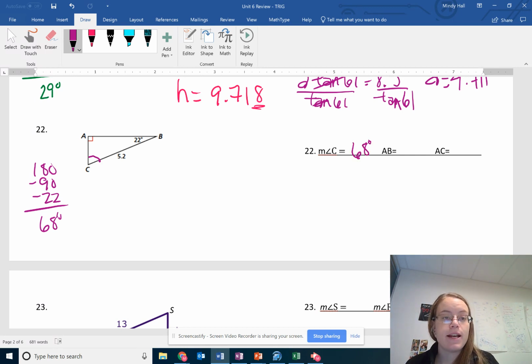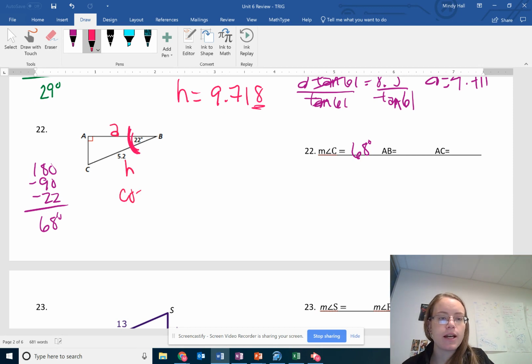So if I want to find AB, I am going to refer to this angle right here, okay? Because it was given to me, I mean, you could use the 68 as well, but I like to just use numbers they give me. So if I wanted to find AB, that is adjacent over hypotenuse.